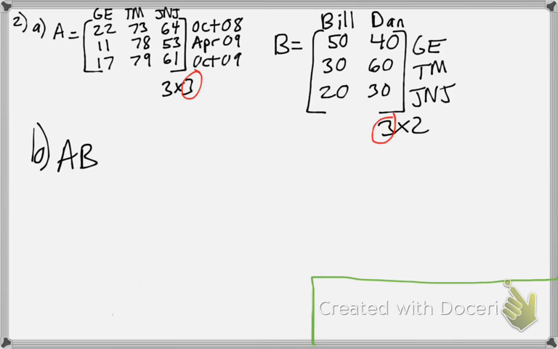So the column labels of the first matrix are here, and these match the row labels of my second matrix, which are right here. And again, just like in the other one, not only will they match, but they'll also cancel each other out for the final answer.